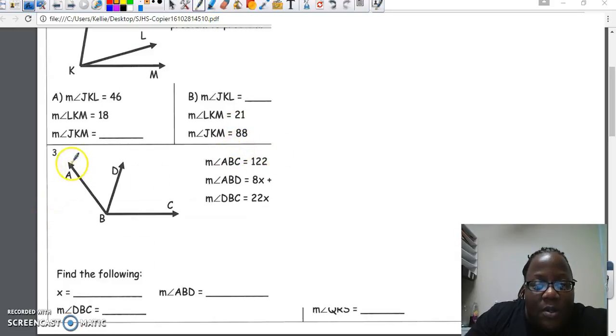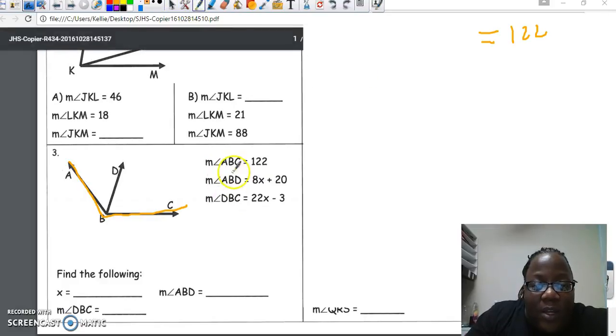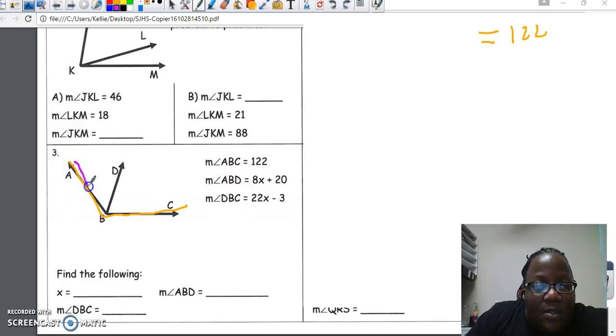ABC is 122. So the big angle is 122. So I know it equals 122. Okay. ABD is 8x plus 20. So here it is.